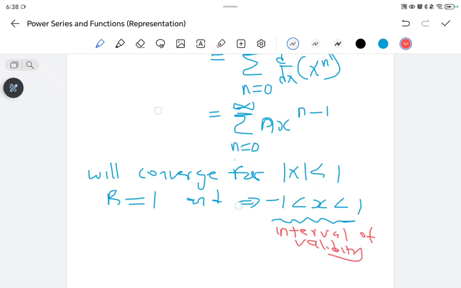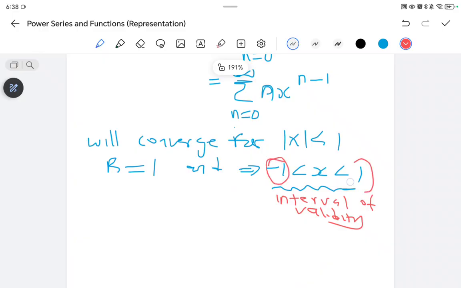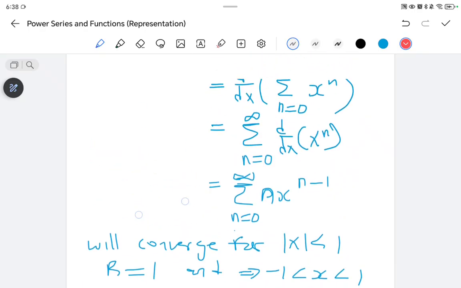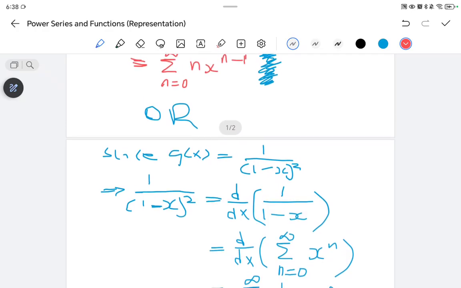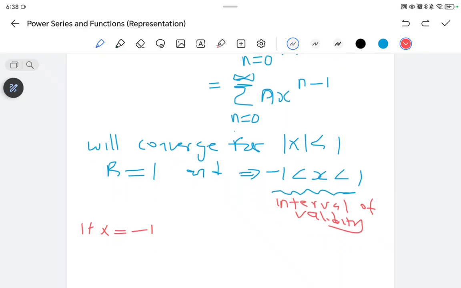For us to find the interval of convergence, we must take the endpoints and check if it converges at these endpoints. So if x is equal to minus 1, I'll go back to the original representation, which is this one. I plug minus 1 in for that x.